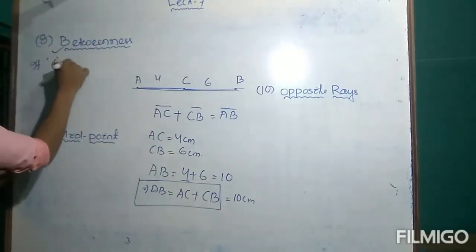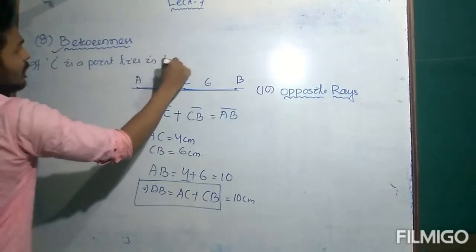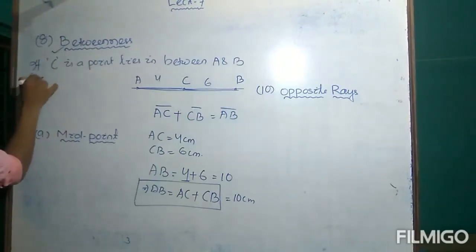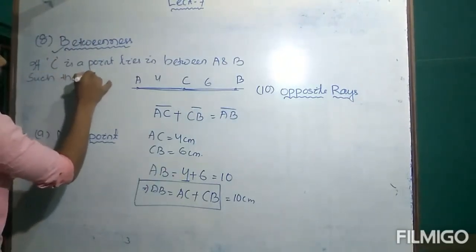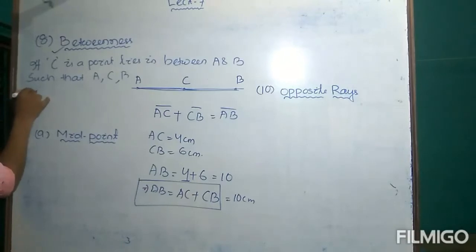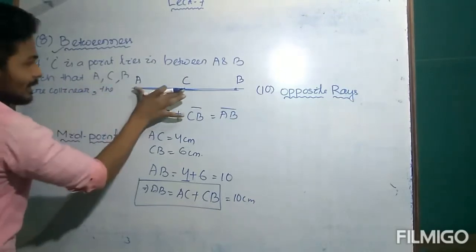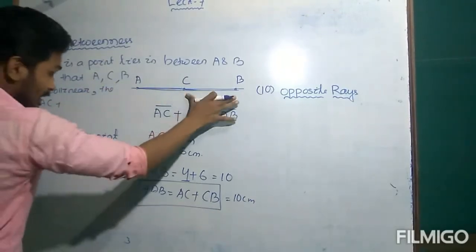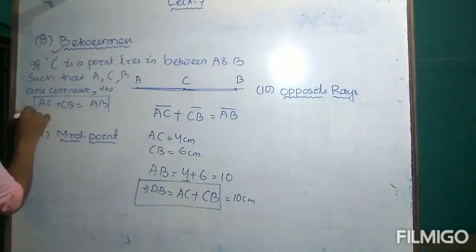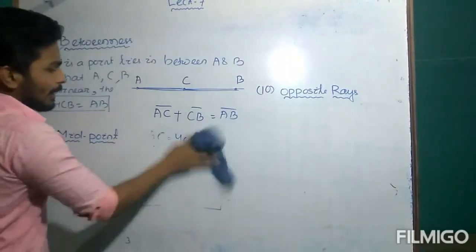If C is a point lies in between A and B such that A, C, B are collinear, then this length plus this length is equal to AB. Understood?